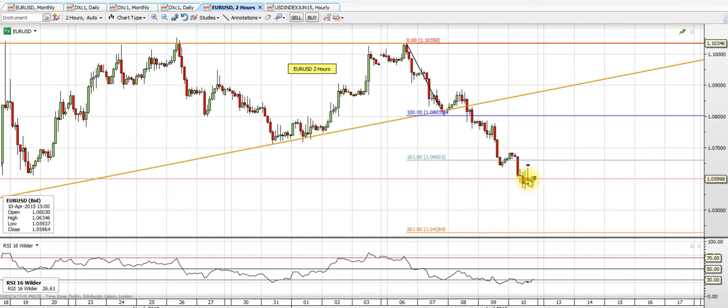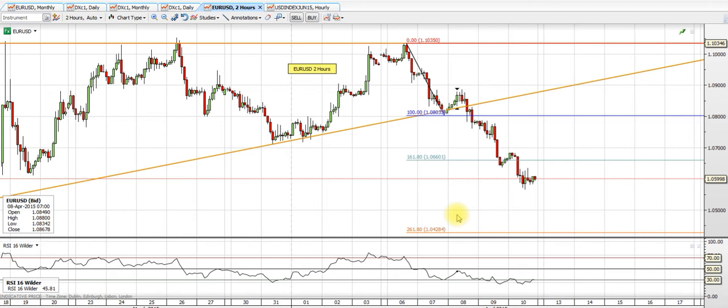Again, I'd ask you to look at the dollar index video to fully understand our bias here. Our bias is still bearish, but we do need to see a break of Friday's low to continue the downward move towards 104.30, which is this 261.8% extension level.